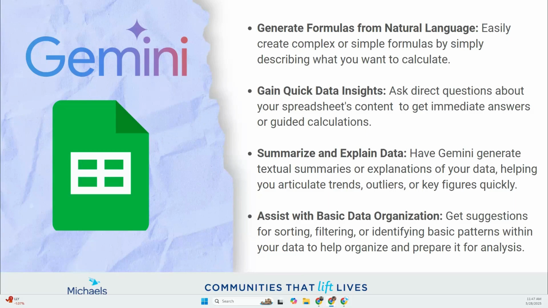It summarizes and explains the data for me. It does it quickly and articulately, and it can assist with basic data organization, just like I asked it to sort my hotels from the most expensive to the cheapest price.